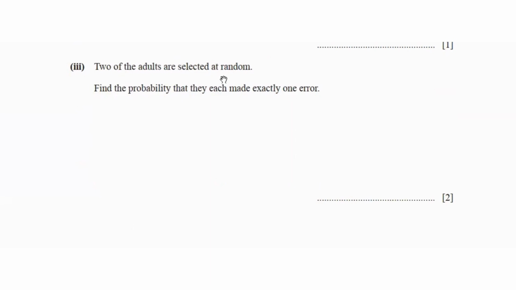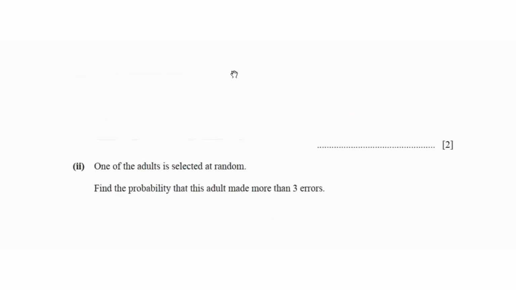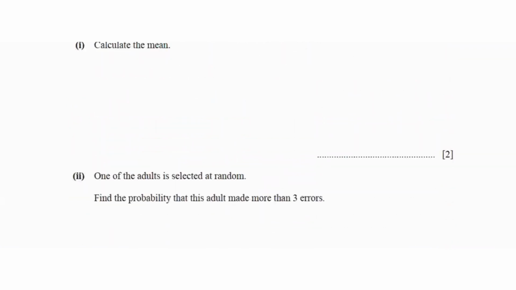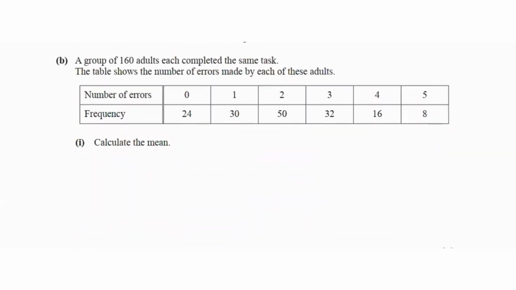Two of the adults are selected at random. Find the probability that each made exactly 1 error. So if each made exactly 1 error, that's going to be from this. So what we're going to do is we're going to say 30 over 160, because from all those 30 people, one of those people is selected right now.